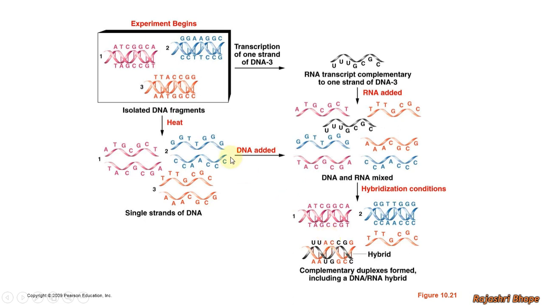Now why does this absorption increase and decrease? See this double-stranded DNA: what absorb UV light are the nucleotide bases, which are embedded inside of the helix. They are not exposed. As these molecules are converted to single-stranded forms, the bases are exposed and they absorb maximum UV light, and therefore it will show higher absorbance.